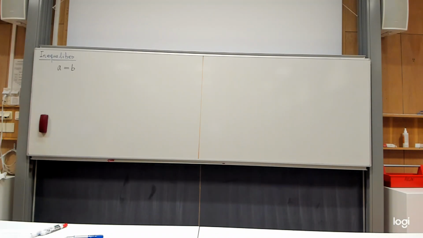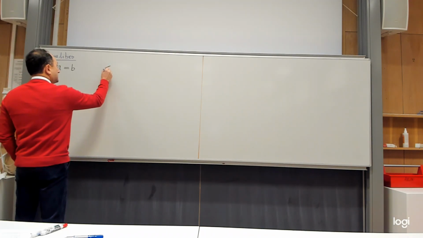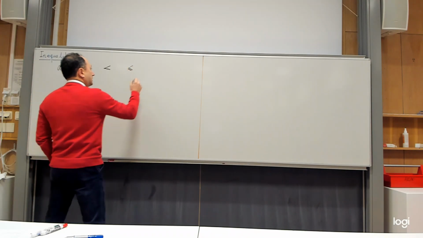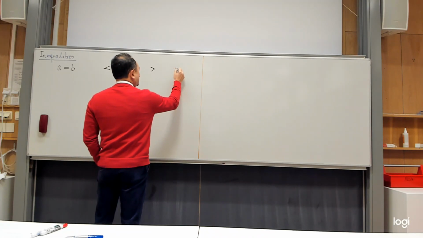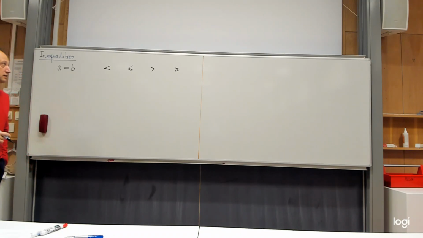But for inequalities, we have more or less four symbols. We can use this symbol, this symbol, this one, and of course this one. These are the symbols that you might see in this lesson under the title of inequalities.